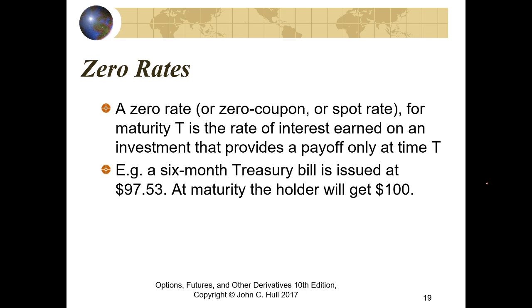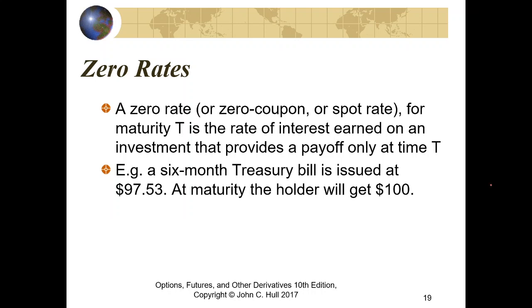For example, we are dealing with a 6 months treasury bill that is issued at 97.53, and at maturity the holder will receive 100.